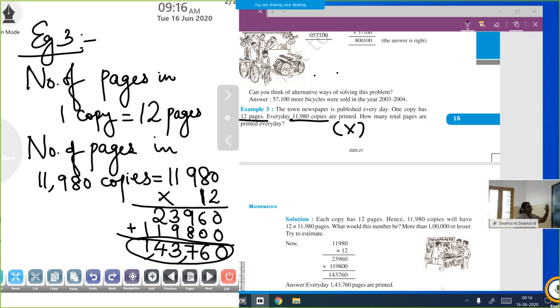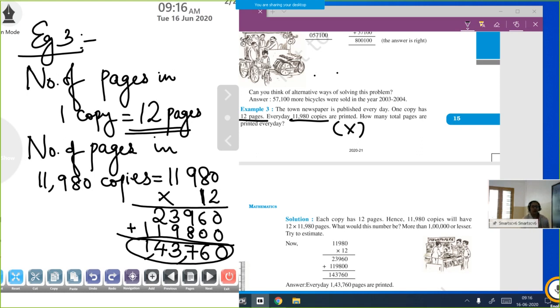Okay, so to find the total we are doing multiplication here. First we will write the number of pages in one copy of newspaper. That is 12 pages. It is there in the question. Then the number of pages in 11,980 copies means multiply 11,980 with 12.